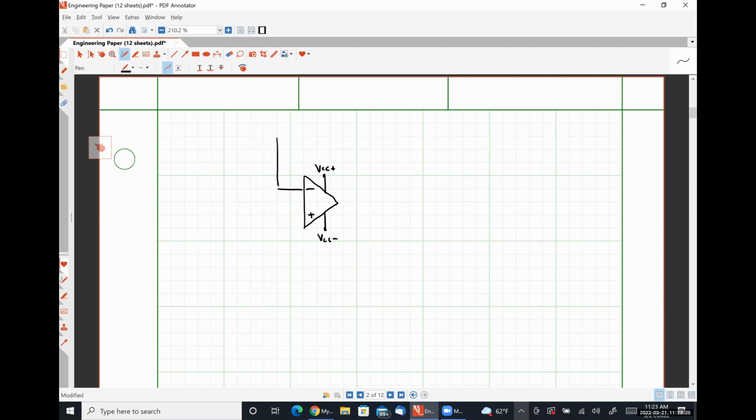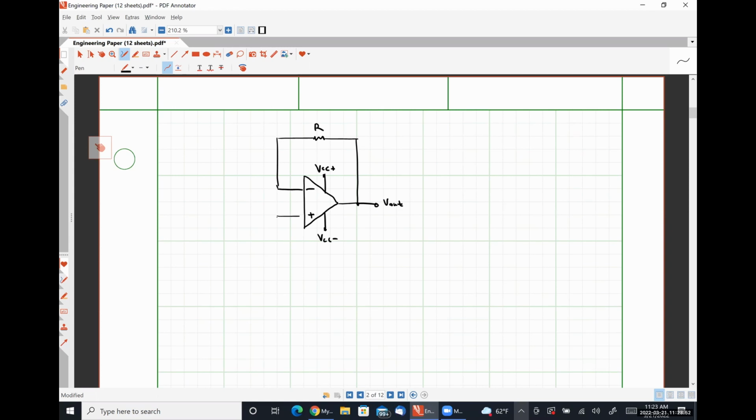I have negative feedback. Again, for all of these examples, I will have negative feedback, which is what's allowing me to use my ideal op amp rules. I'm taking my output voltage at my output pin, and this time I'm just going to call the resistor R without giving it a number designation. You'll see why in a moment.